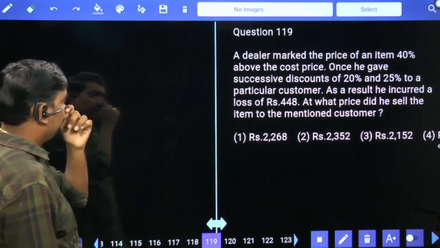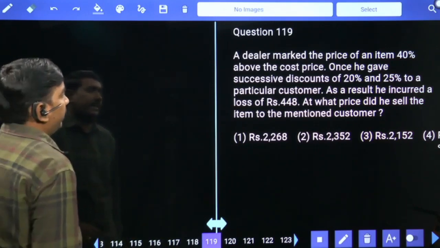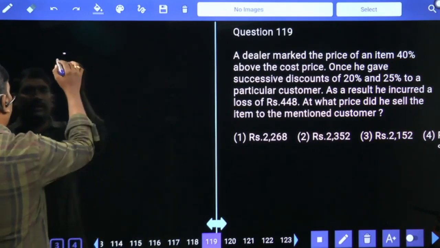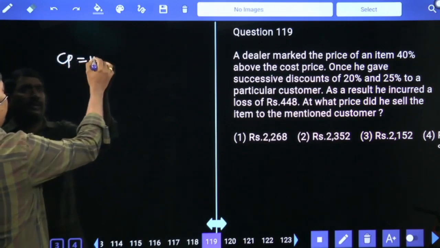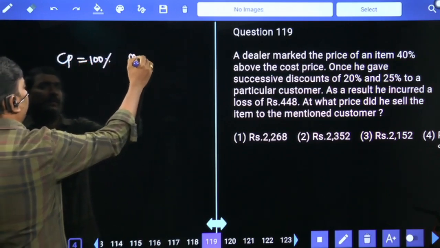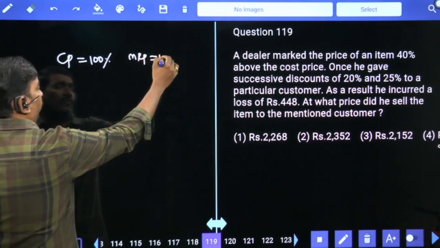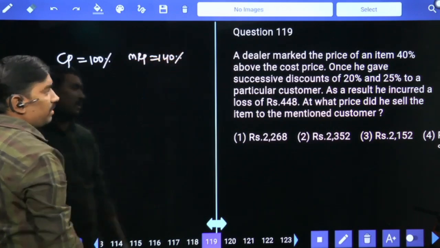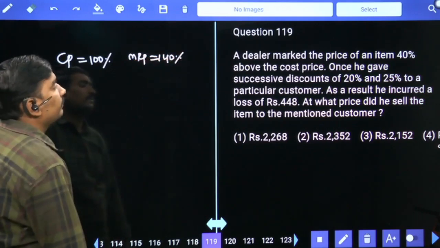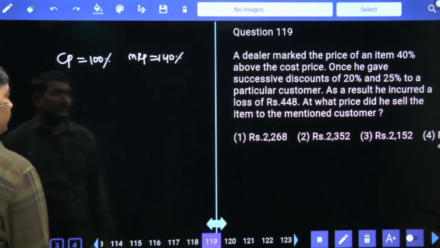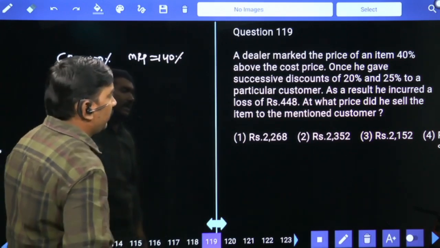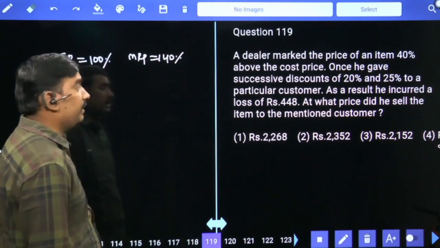Next, a dealer marked the price of an item 40% above the cost price. So if cost price is 100%, MRP is 140%, because 40% above the cost price. Then he gave successive discounts of 20% and 25% to a particular customer.